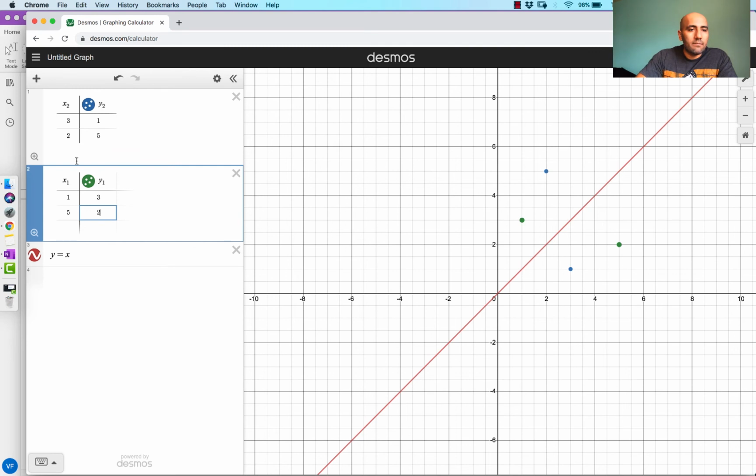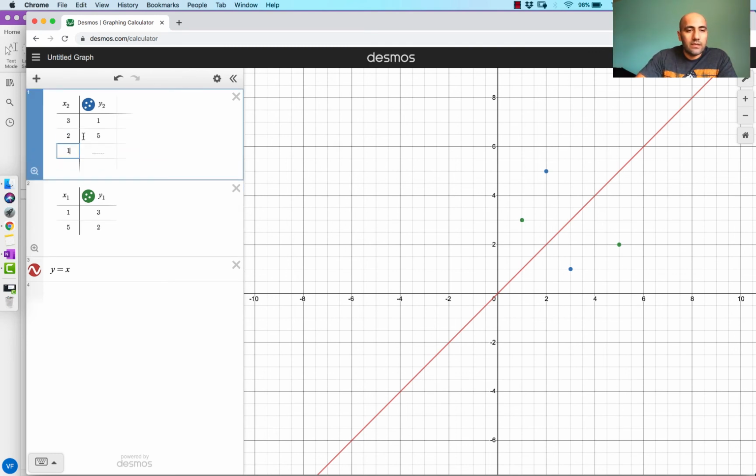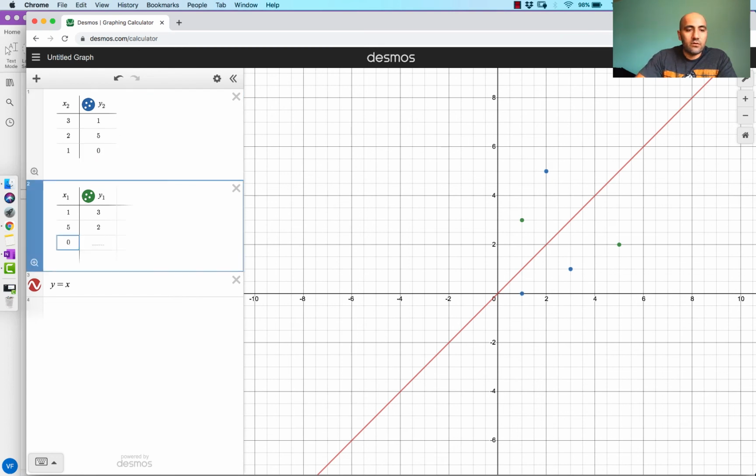Maybe up here I have 1 leads to 0. And so therefore over here, it must be that 0 leads to 1. I'm just flipping them around. Notice that in every single case, they are a mirror image across this line. This point and this point are a mirror image. So the distance across this is equivalent.